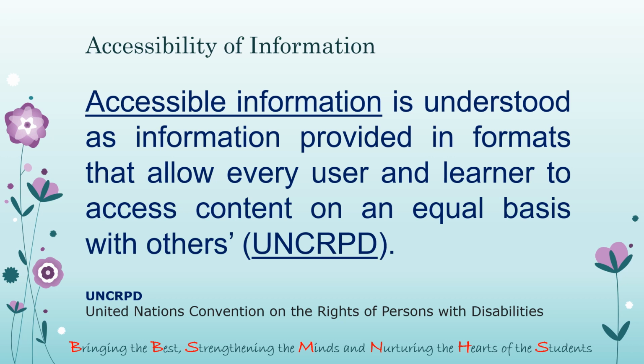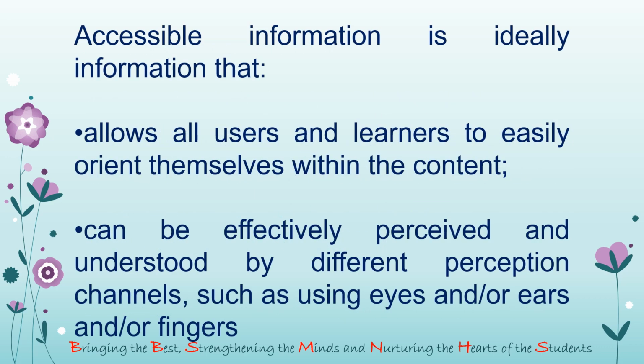According to UNCRPD, or the United Nations Convention on the Rights of Persons with Disabilities, accessible information is understood as information provided in formats that allow every user and learner to access content on an equal basis with others. Moreover, accessible information is ideally information that allows all users and learners to easily orient themselves within the content.